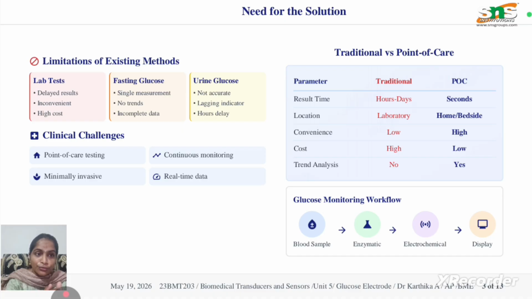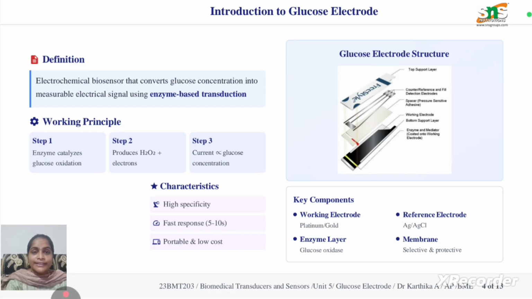Here, see the glucose monitoring workflow. First is the blood sample and enzymatic process, which leads to an electrochemical reaction, and finally we have a display output. See the definition: an electrochemical biosensor that converts glucose concentration into a measurable electrical signal using enzyme based transduction.